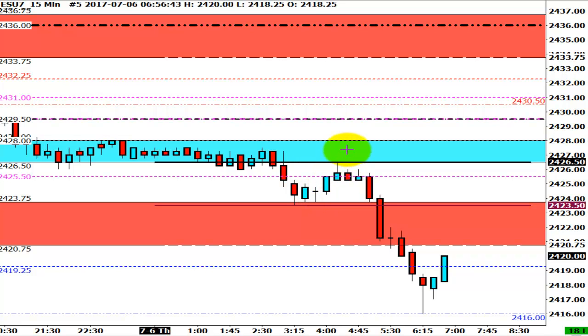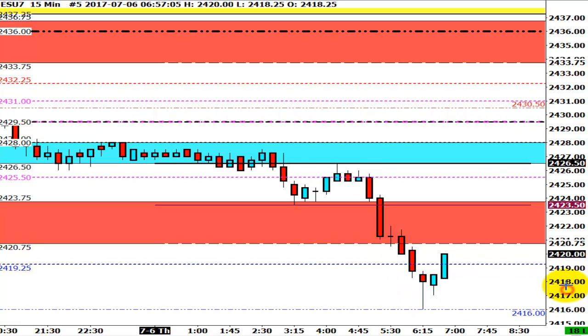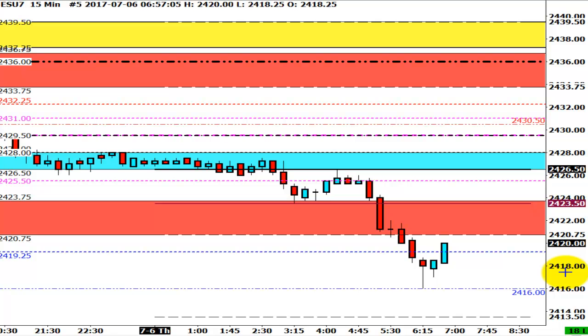Went back up and retested what was support, this area right here at the bottom of the balance zone, and is now a resistance, right? Went right back, tested it, failed, came down and broke through the low power zone to go down and make a lower low, right?